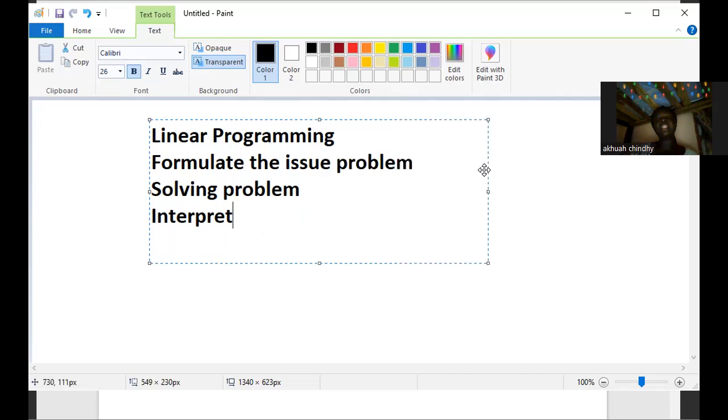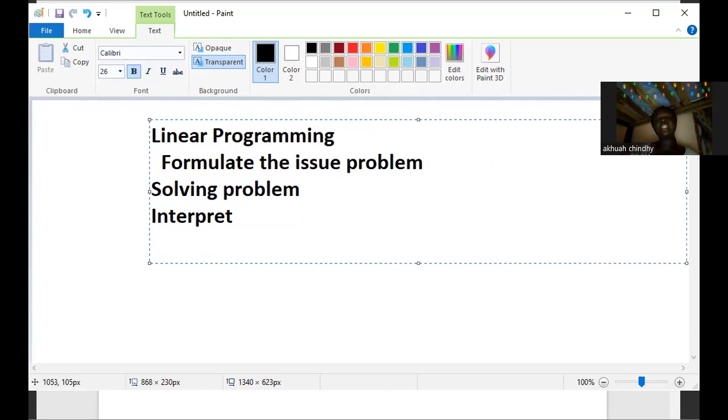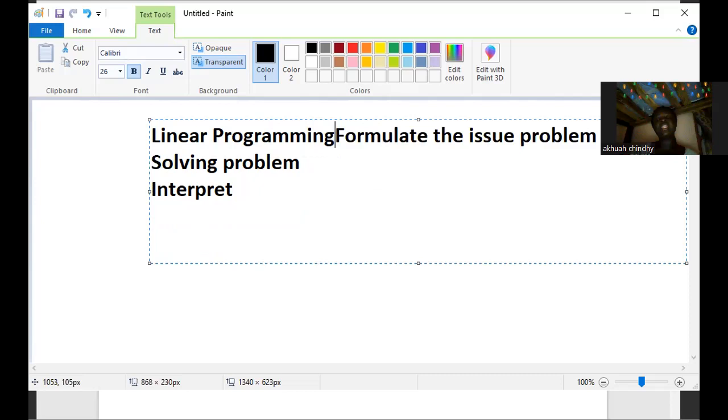And then there are certain things that we have to note, certain keywords that we might find in the statement containing the problem, right?